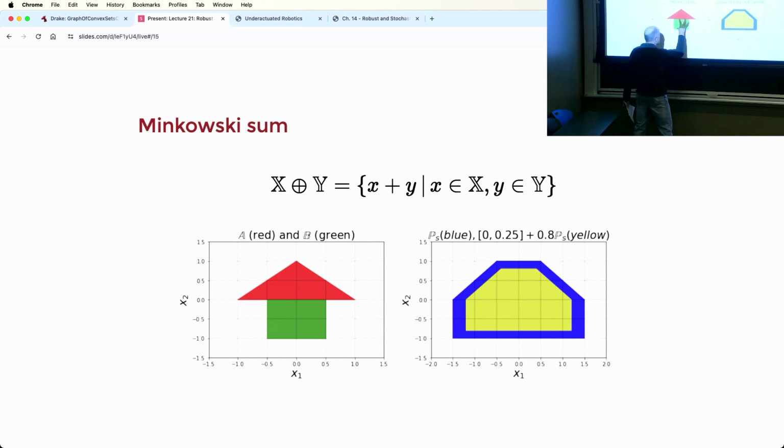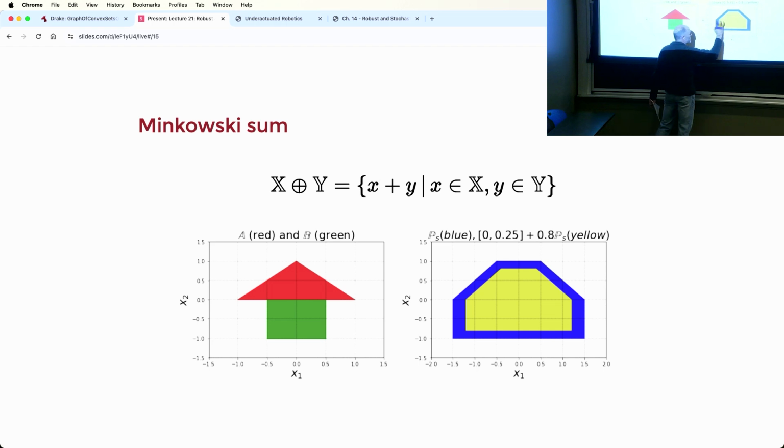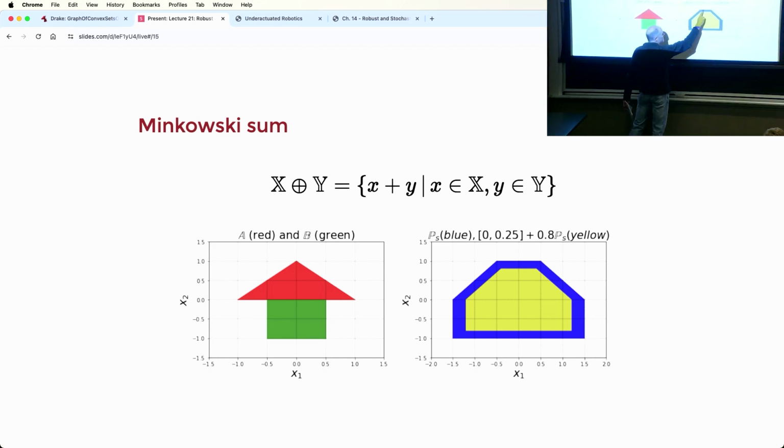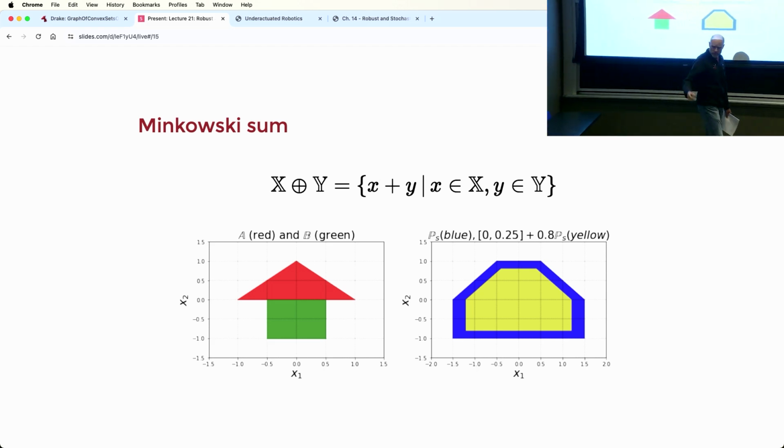I can take this other thing with 0 and move it all the way to here. That means it's like I've convolved this thing around here, and I get something that goes all the way out to 1,5. It takes a little bit of thinking, but it's kind of like dragging this thing around on top of that object.